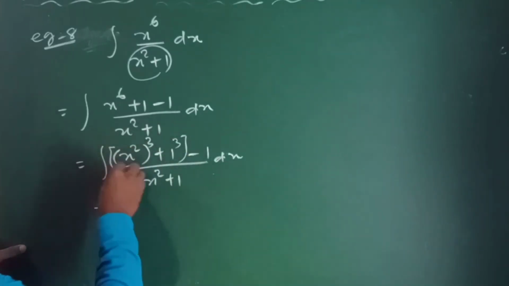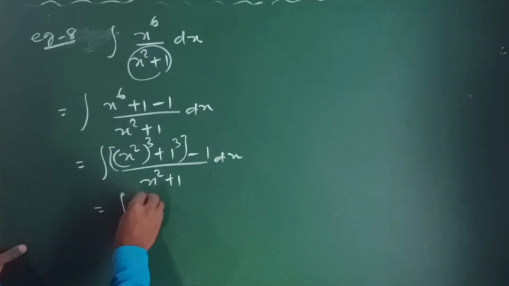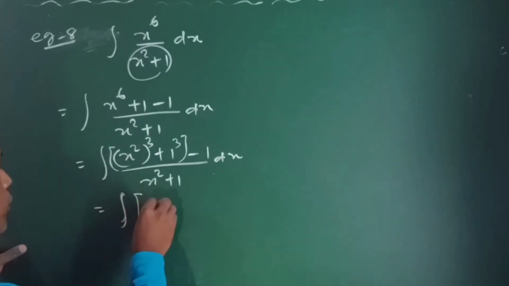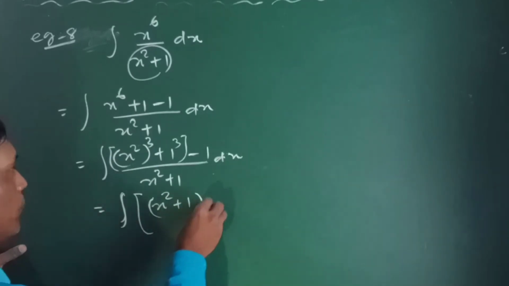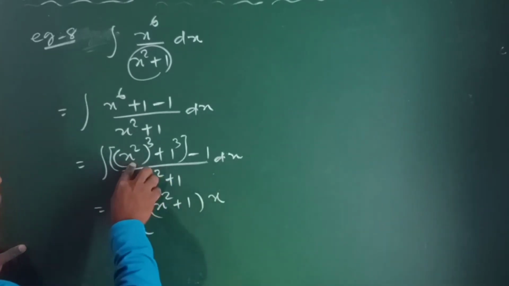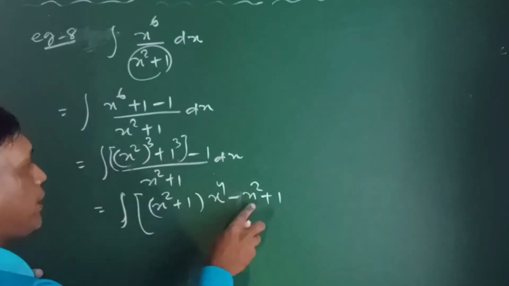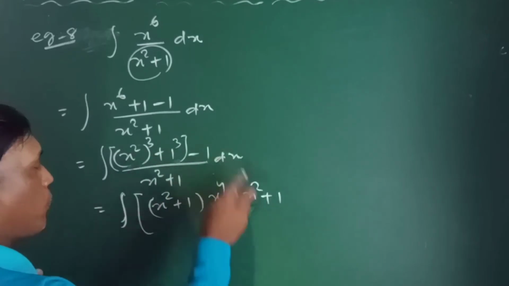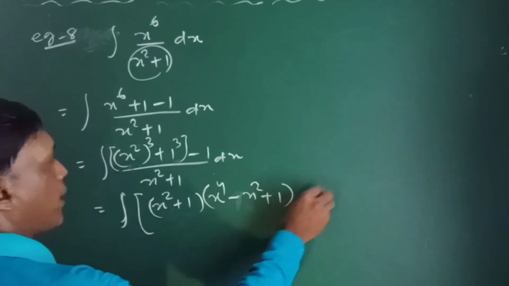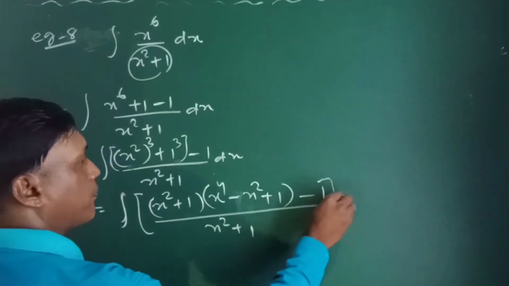Now I can apply a formula here, a cube plus b cube, where a is your x square, a plus b into a square means square of x square is x to the power 4 minus ab is x square into 1 is x square plus b square means square of 1 is 1 minus 1 whole divided by x square plus 1.